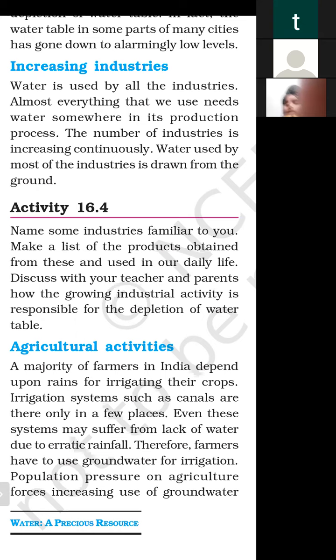Population pressure on agriculture forces increasing use of groundwater. To fulfill the food requirement of the population, which is increasing day by day, farmers need to grow more and more food, and to do so they use more and more groundwater.